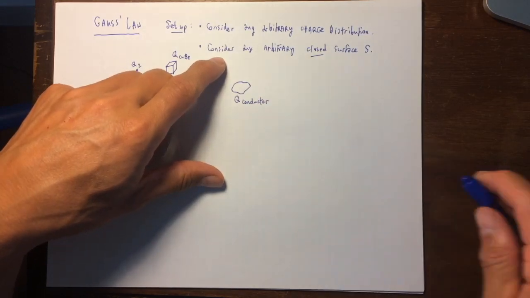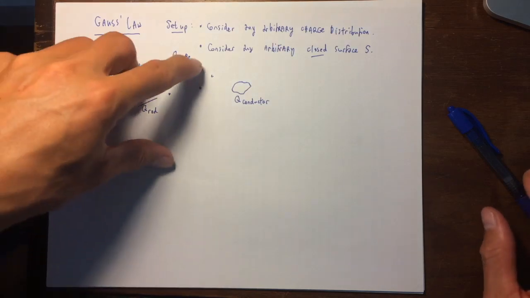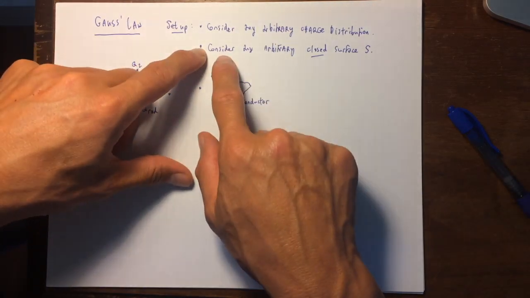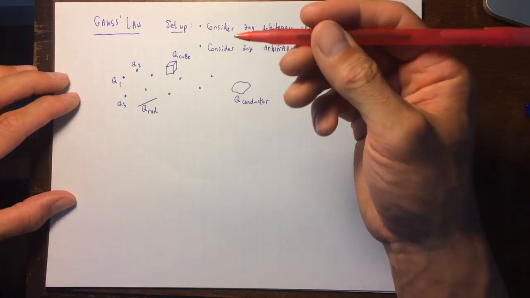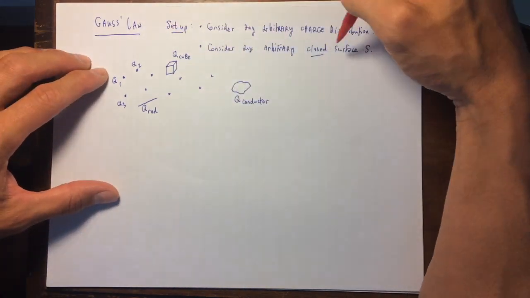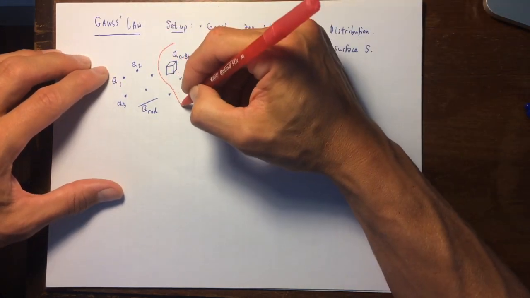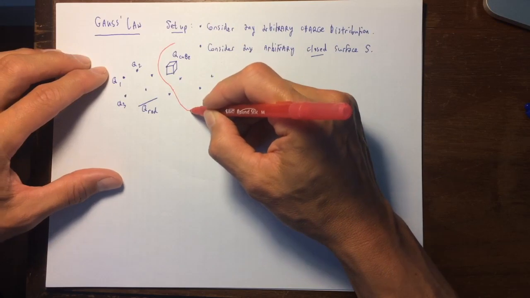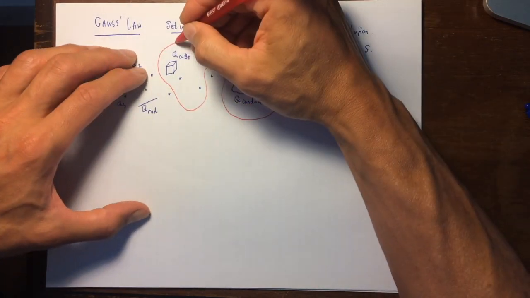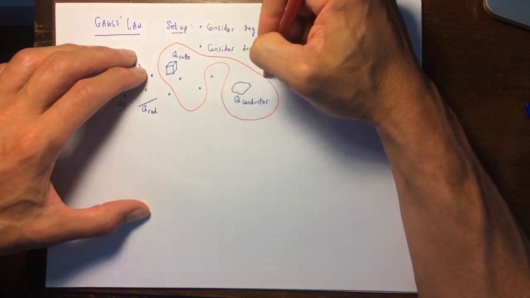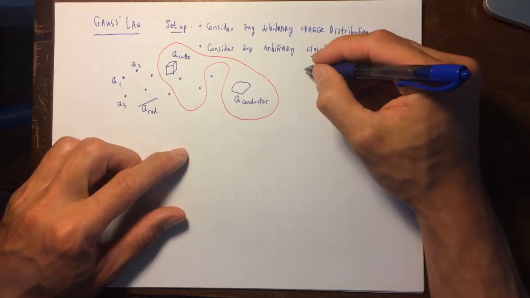Now consider any arbitrary closed surface S. So let me just pick one. I'm going to choose a surface S that happens to do something like the following. So it's closed.